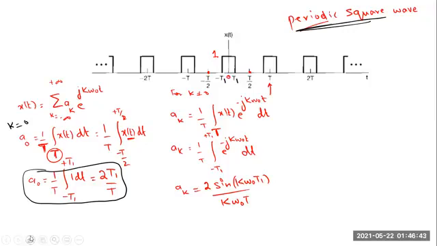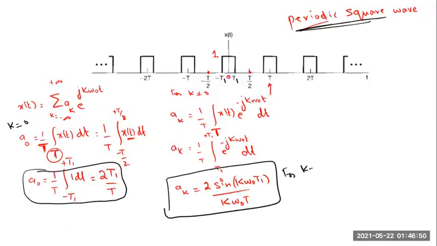So this is what you get for this periodic signal. This is for k not equal to 0, and this is for k equal to 0. We can also simplify this expression because we know that omega naught is equal to 2 pi by capital T, which means omega naught T is equal to 2 pi.